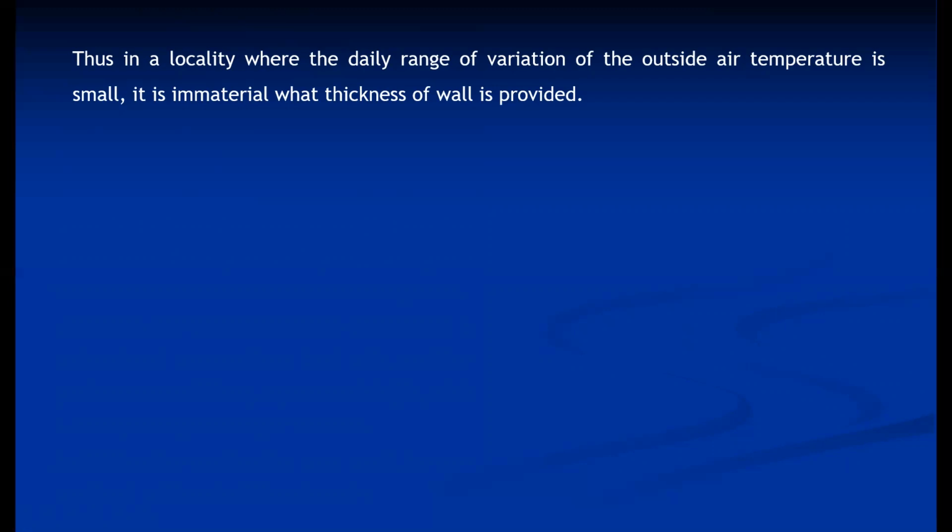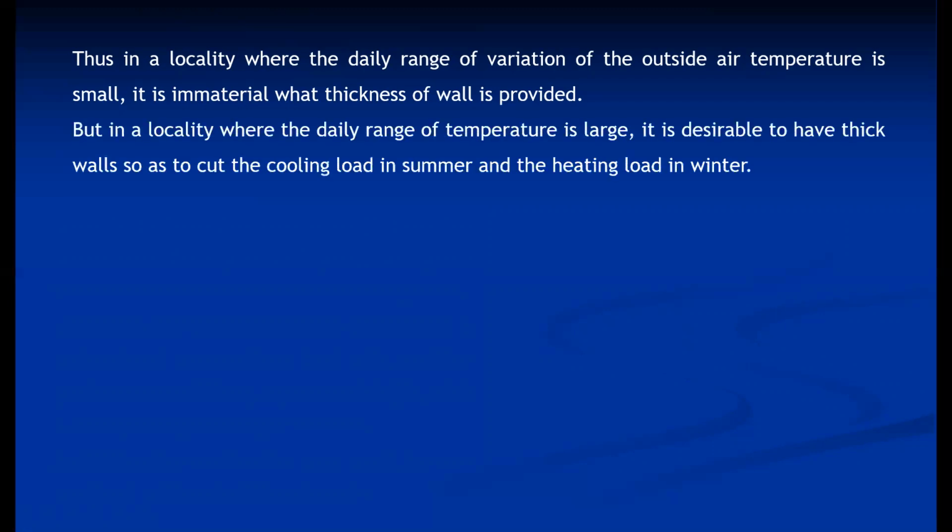In that case, the pattern of heat transfer rate is almost the same. But in a locality where the daily range of temperature is large, it is desirable to have thick walls so as to cut the cooling load in summer and the heating load in winter. So the thick wall is generally recommended where there is a large outside temperature variation.